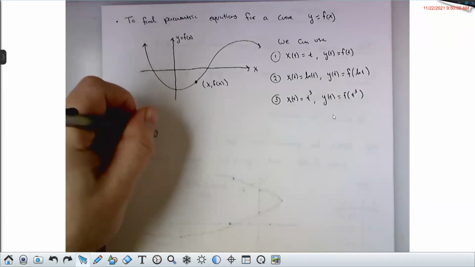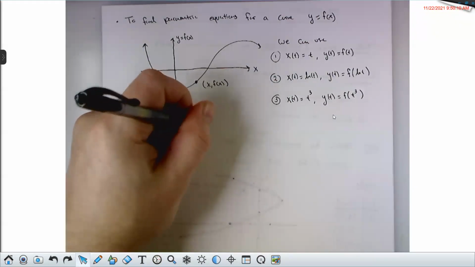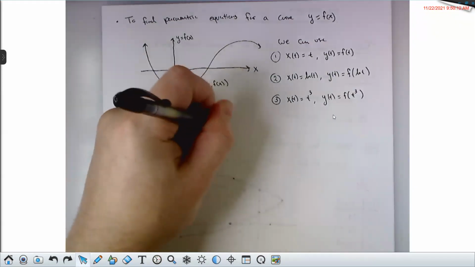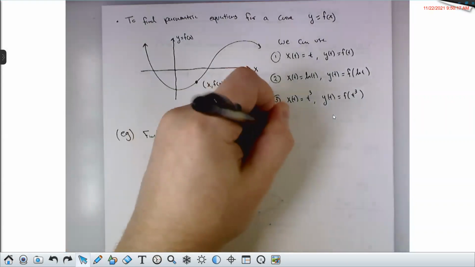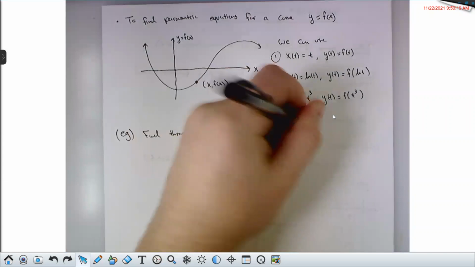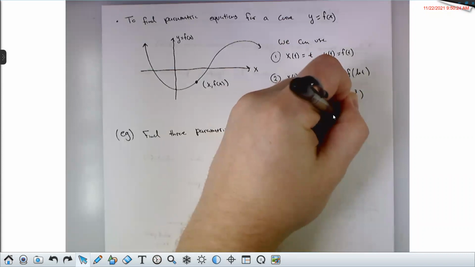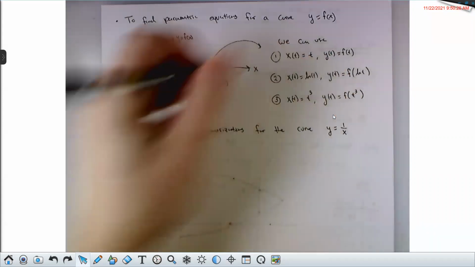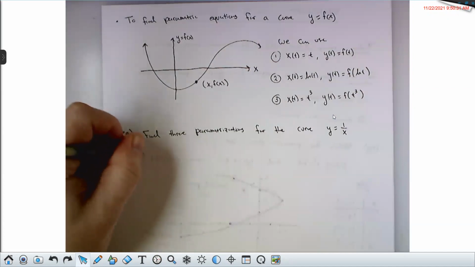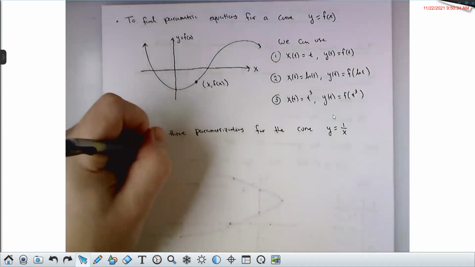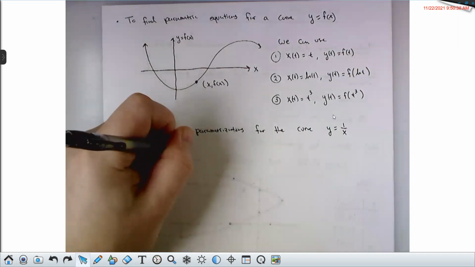Let's find 3 parametrizations for the curve y equals 1 over x, where, let's say, 1 is less than or equal to x is less than or equal to 10.